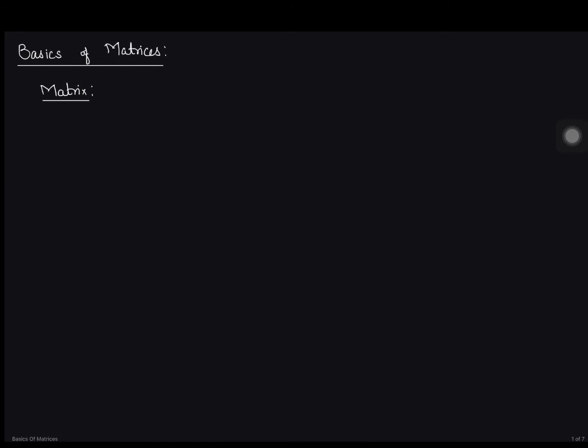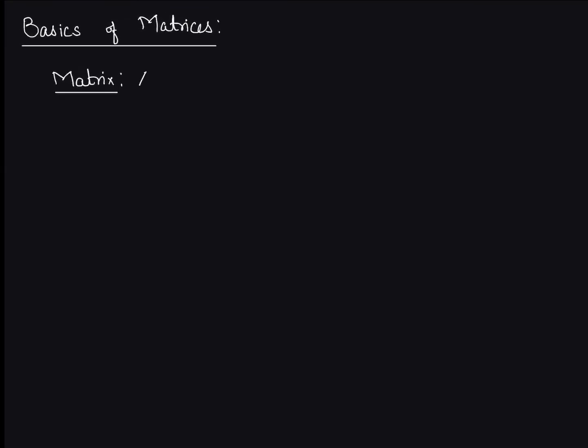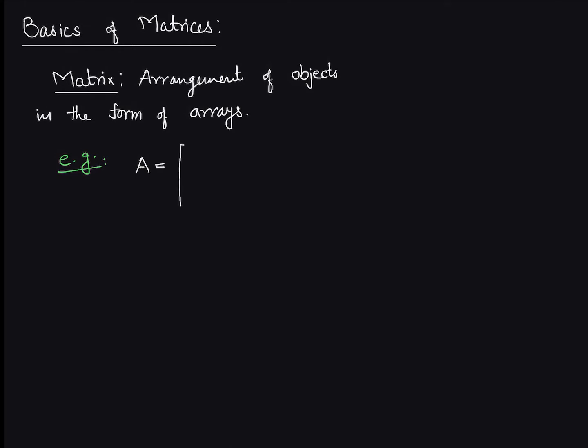So matrix is what? Basically, a matrix is an arrangement of objects in the form of arrays. For example, this is an arrangement of numbers in the form of arrays.